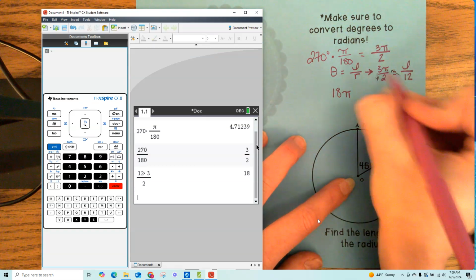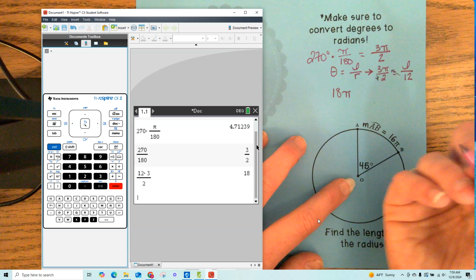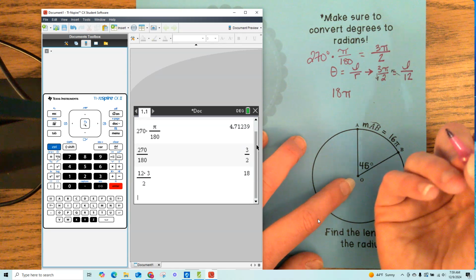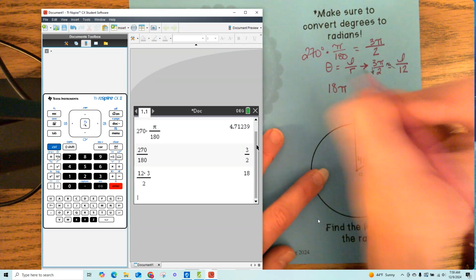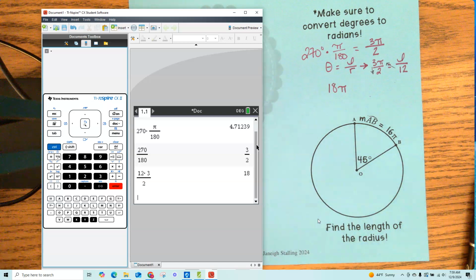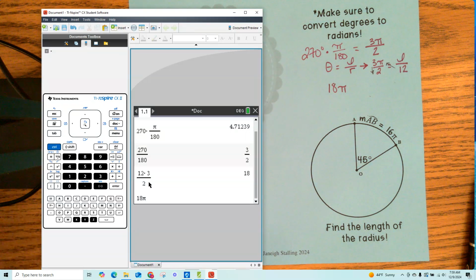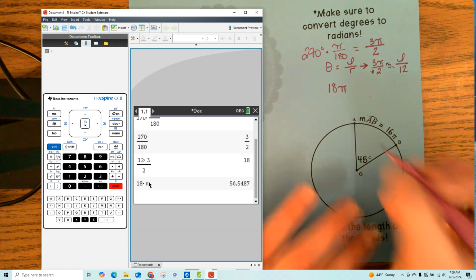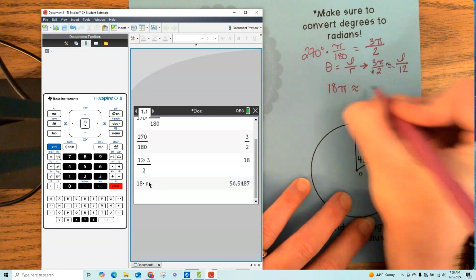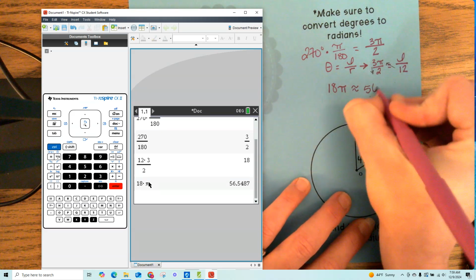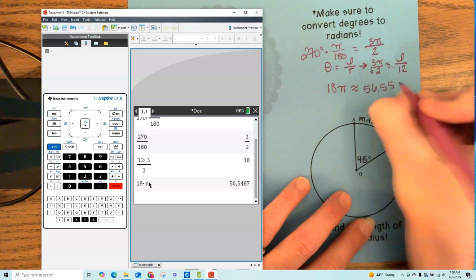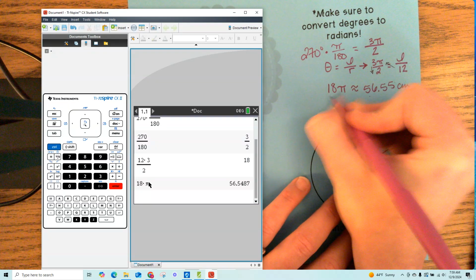You can do 12 times 3 divided by 2 in your calculator if you want. If it wants a decimal, we can type 18 pi in, and we get about 56.55 centimeters, because we can't measure in pi.